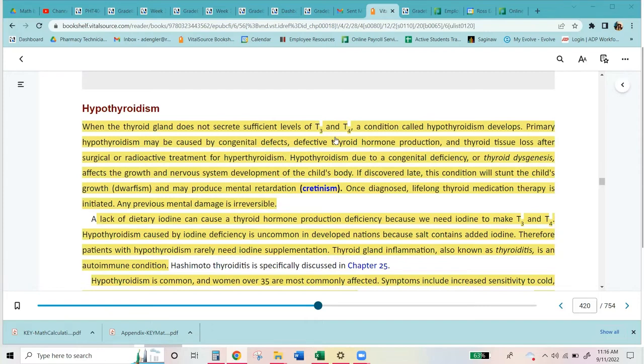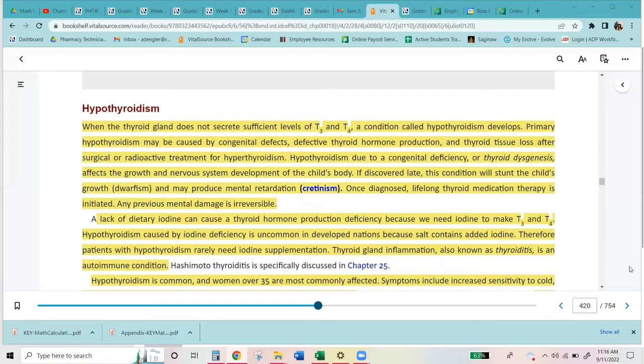It can be caused by congenital defects, defective thyroid hormone production, and thyroid tissue loss after surgical or radioactive treatment of hyperthyroidism. Hypothyroidism due to a congenital deficiency or thyroid dysgenesis affects the growth and nervous system development of the child's body. If discovered late, this condition will stunt the child's growth and may produce mental retardation.